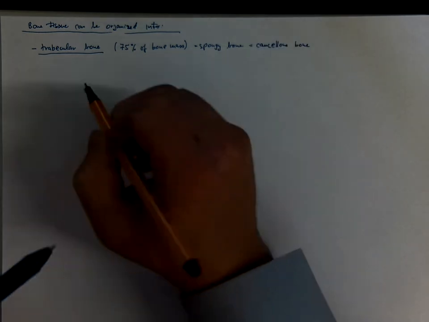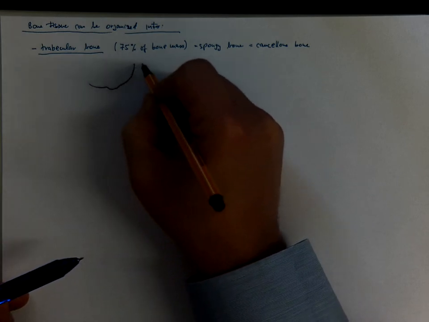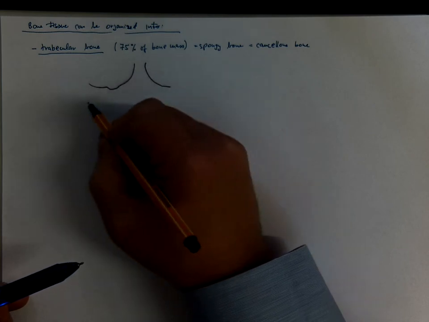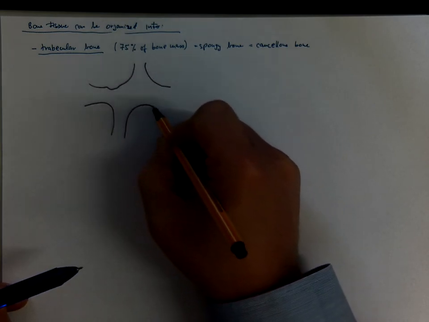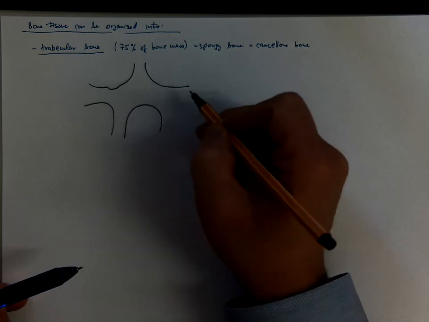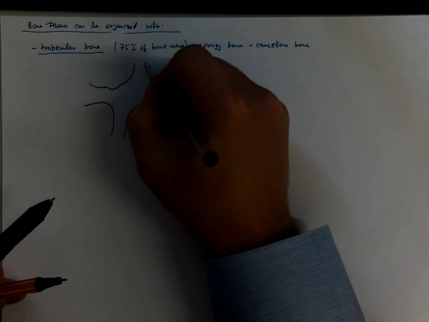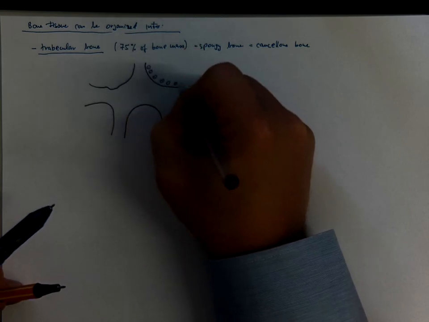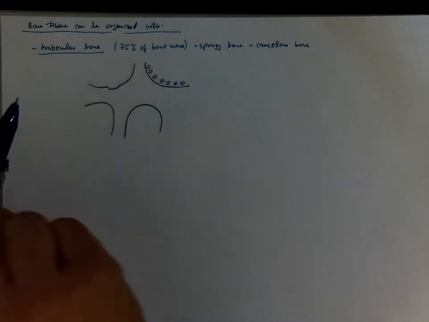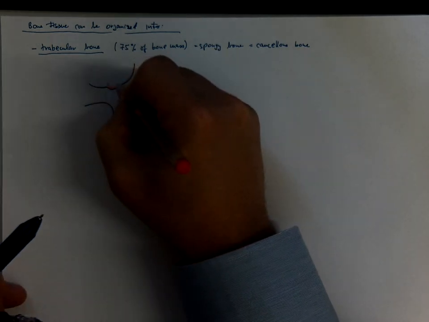So we have bone trabecules in three-dimensional space. They have cavities in between, of various shapes. On the surface of these bone trabecules, you can find osteoblasts that are producing new bone. You can find osteoclasts that are resorbing the bone.